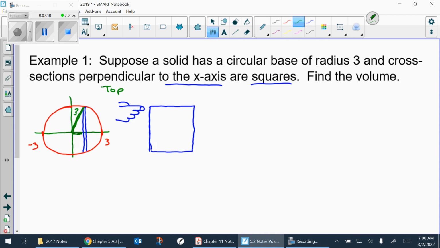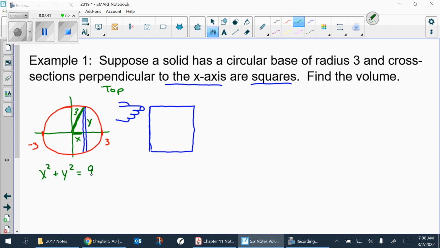I don't know this dimension right here, I'm going to call that x. And I don't know this dimension right here, but I'll call that y. And so I've got myself a little triangle here, and I know that x squared plus y squared is equal to 9, but that's about all I know.